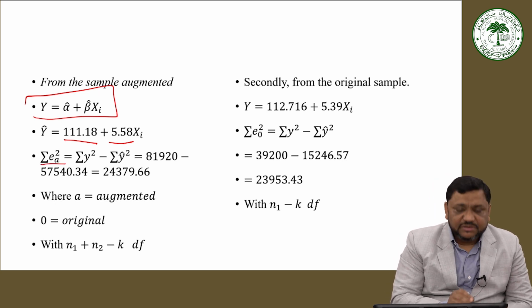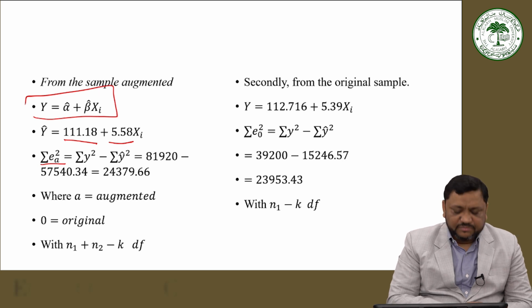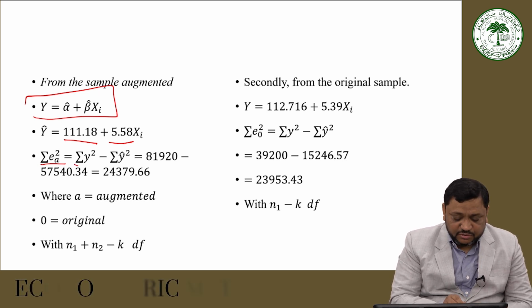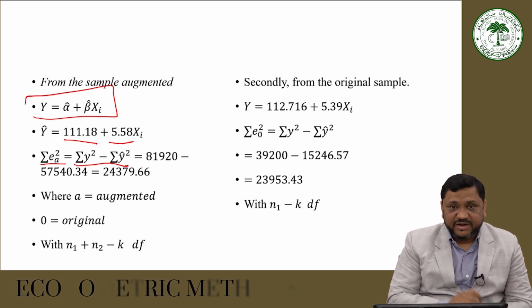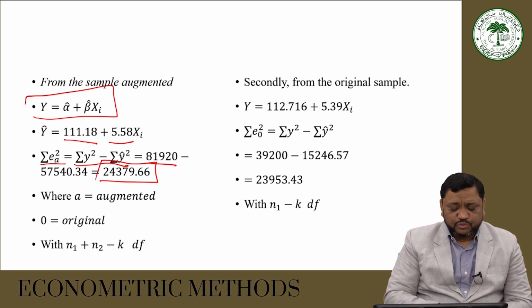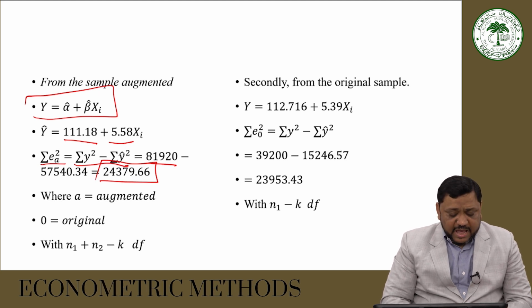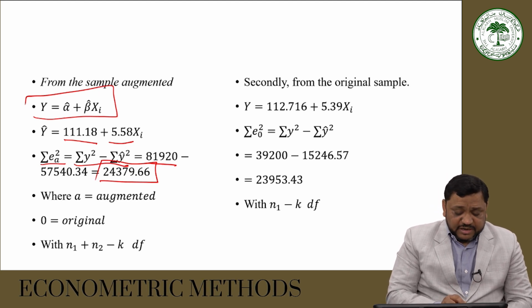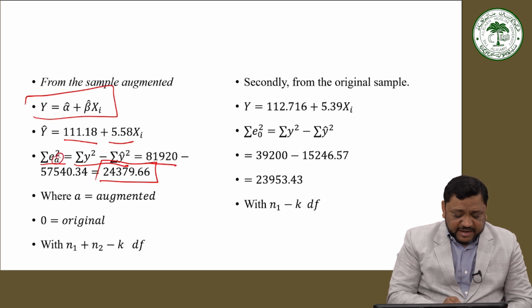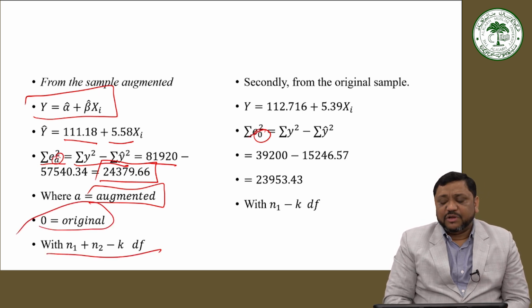Then the summation of the squares of the errors of the augmented sample is equal to summation y square minus y hat square, that is, if we calculate, 24379.66. Here we denote it by letter A, which stands for augmented, and we denote by letter O for original, and this is done at the degrees of freedom N1 plus N2 minus K.